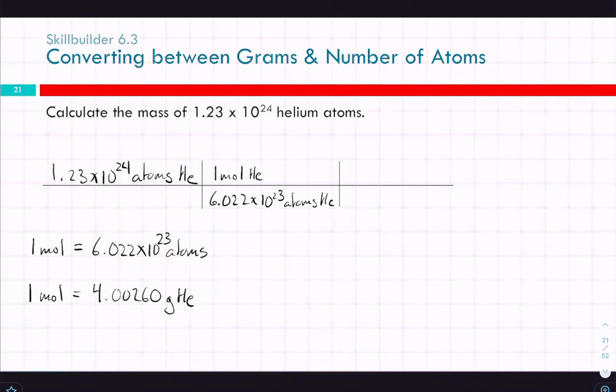And then we can link multiple conversion factors together here, so we don't have to do any math or risk any rounding until the very end. So we have 1 mole here. How do we go from 1 mole to grams? Yeah, 1 mole on the bottom.